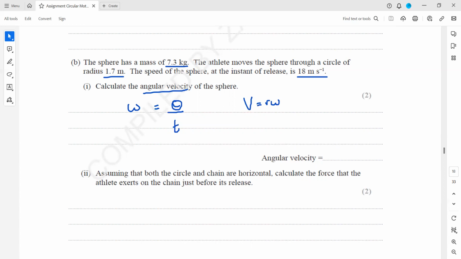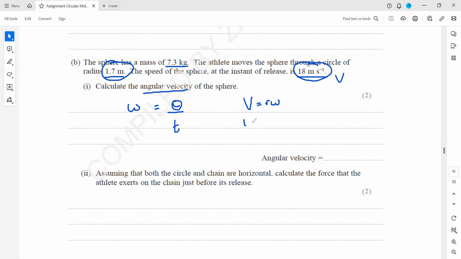The first formula we normally use if we know the change in angle and the time interval. But in this question, we don't have the change in angle. The linear velocity v is there, and the radius is there, so we can use this formula to get the angular velocity.